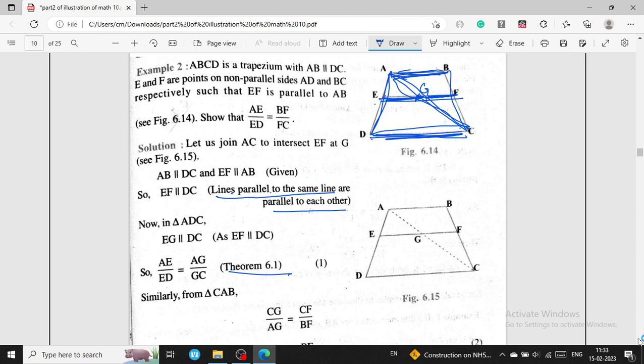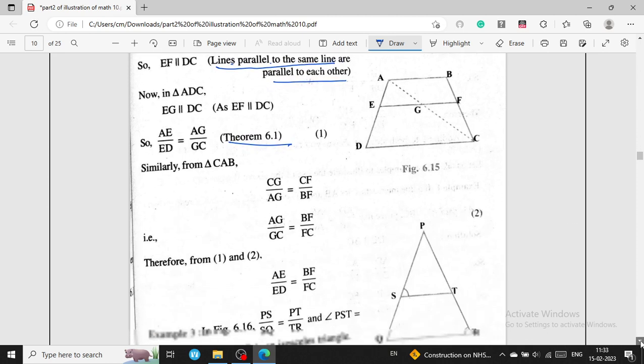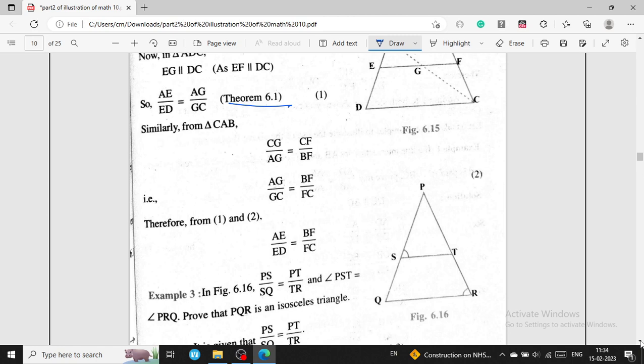So we can write CG over AG is equal to CF over BF. This is your second equation. From the first and second equations, the common terms cancel, and we find AE over ED is equal to BF over FC. This is proved.